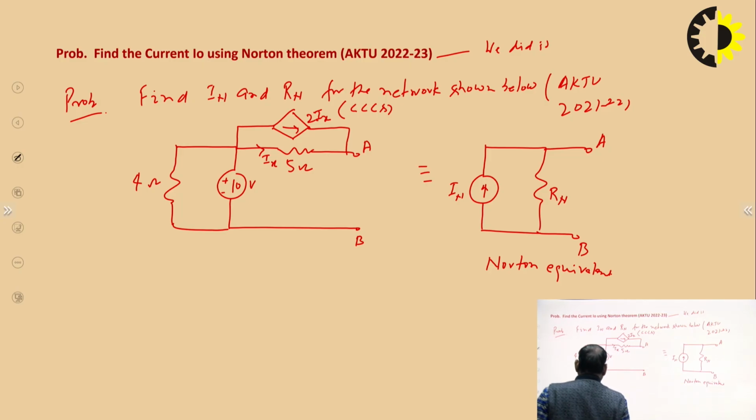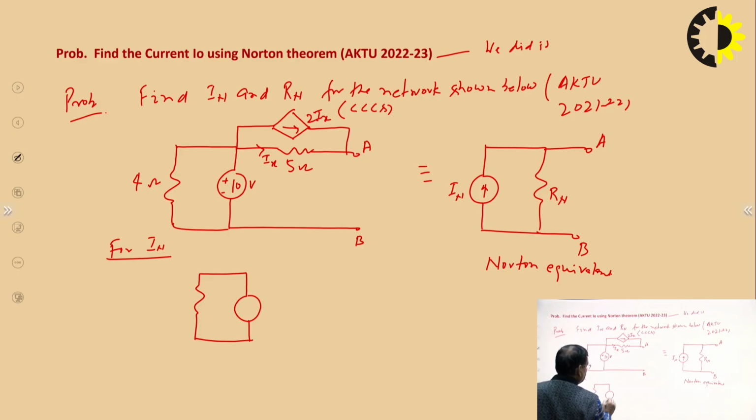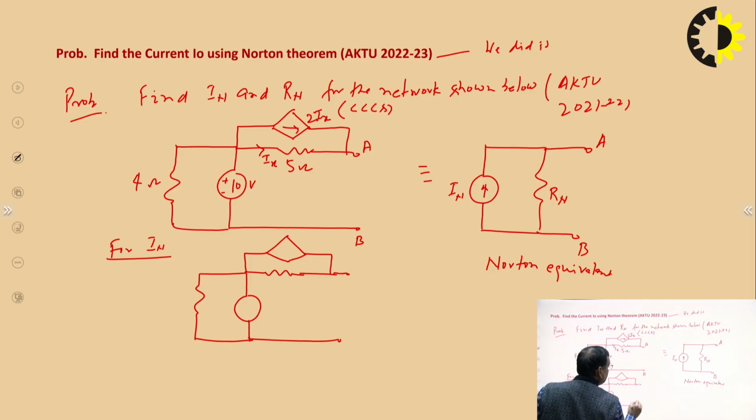First calculate the IN. For IN, you have to place a short circuit across the AB terminals. So the circuit will be like this: your 4 ohm resistor, and here we place a short circuit.